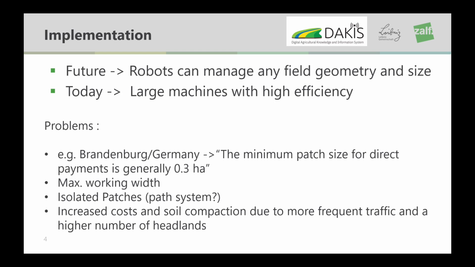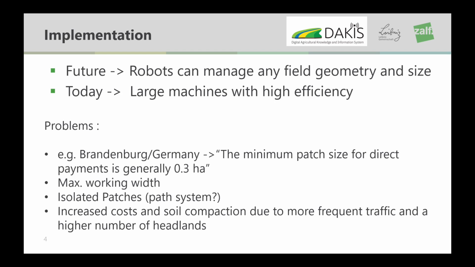There are of course some problems and restrictions if we want to implement this cropping system today. In Brandenburg, for example, agriculture subsidies are only available for subfields of 0.3 hectares or more of uniformly cultivated land. On the other hand, today's farmers have large machines with maximum working width.